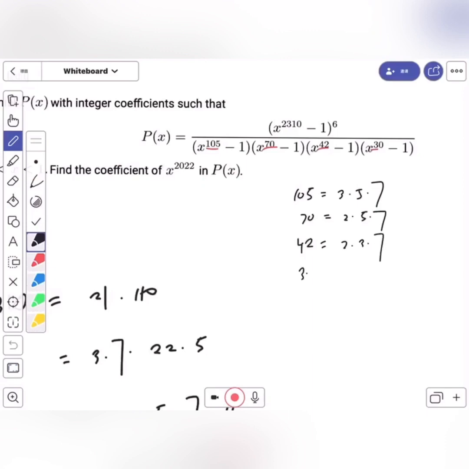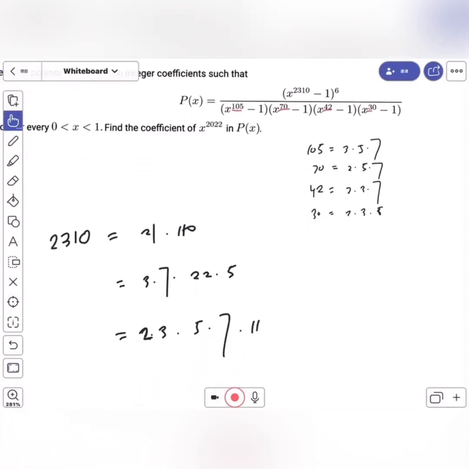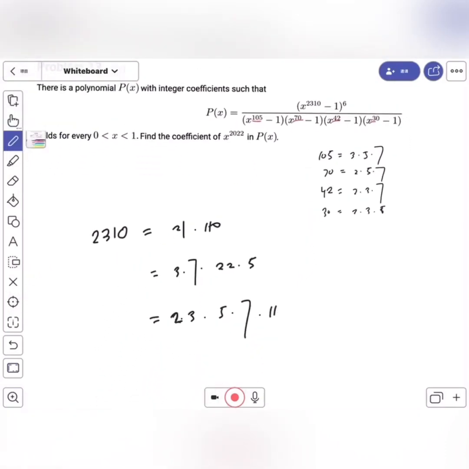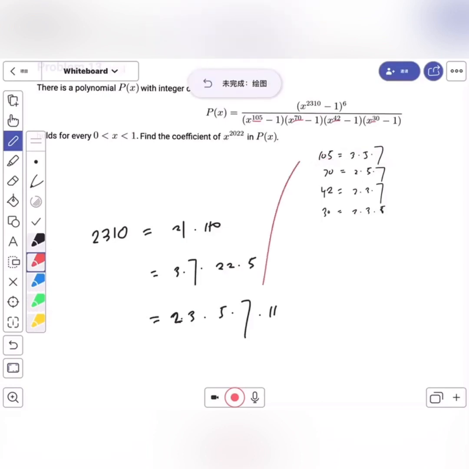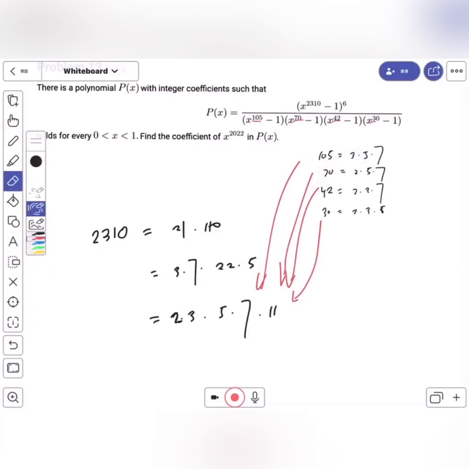And 30 is 2 times 3 times 5. Now these are all divisors of 2310. So this gives us an idea on how to possibly simplify this.